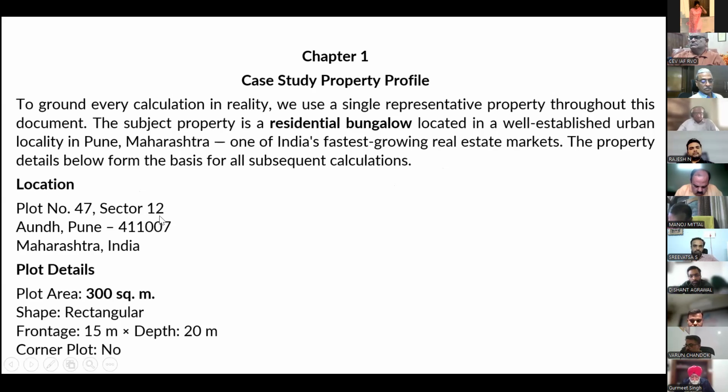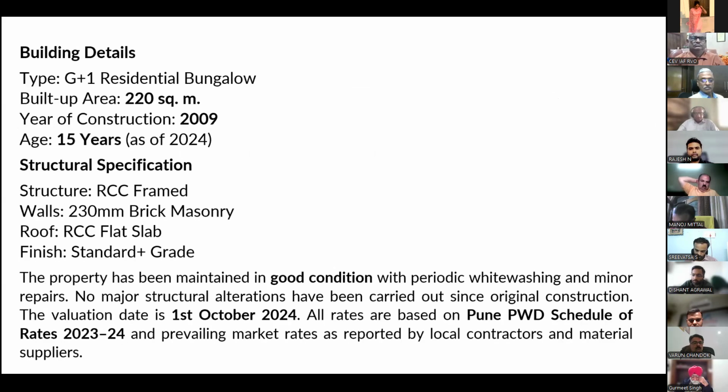This is the location, plot number 47, sector 12, Maharashtra. Plot area is 300 square meter. Shape is rectangular. Frontage is 15 meter and depth is 20 meter. So it is not a corner plot. Building details: it is a G+1 residential bungalow.